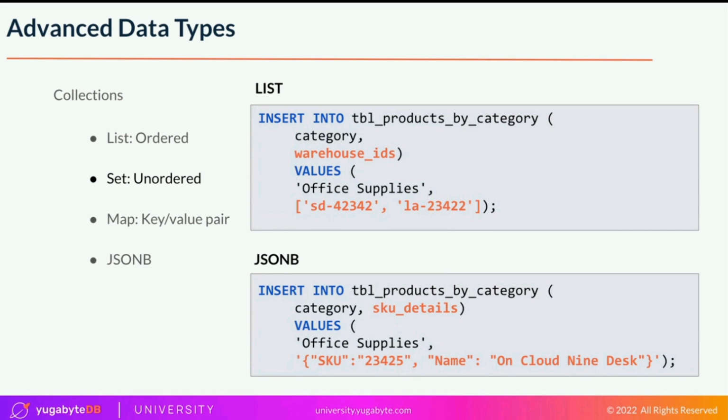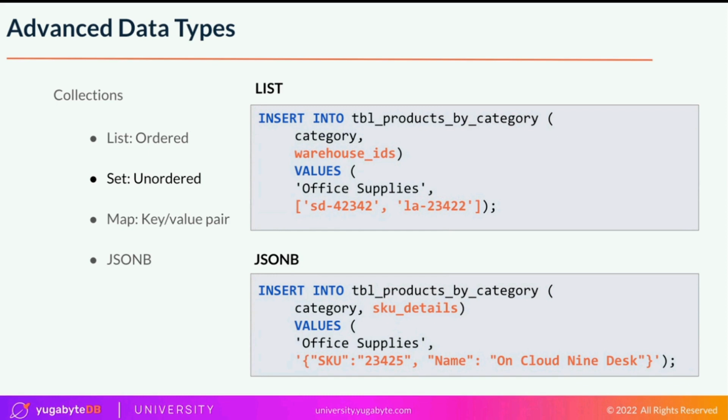If you're familiar with arrays, it's just your ordered list. Then you have your set, also known as an object in other languages, which is your unordered list. And of course, your map, which is your key-value pair. And then you also have your JSONB, which is your sorted JSON.